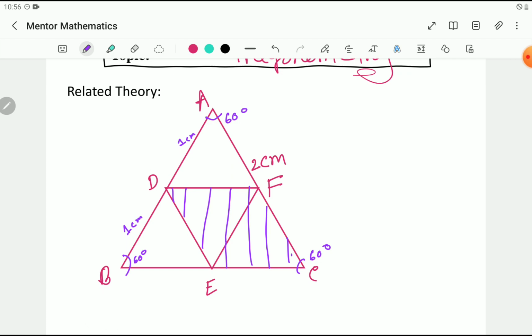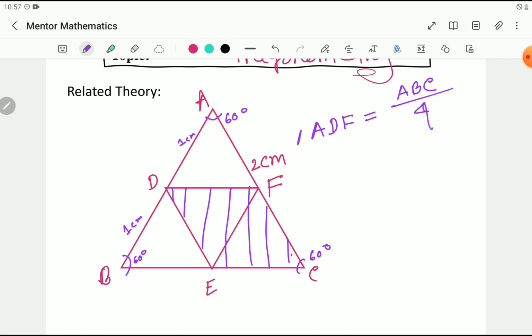Okay, so let's take a look here. ADF actually is ABC divided by 4, right?